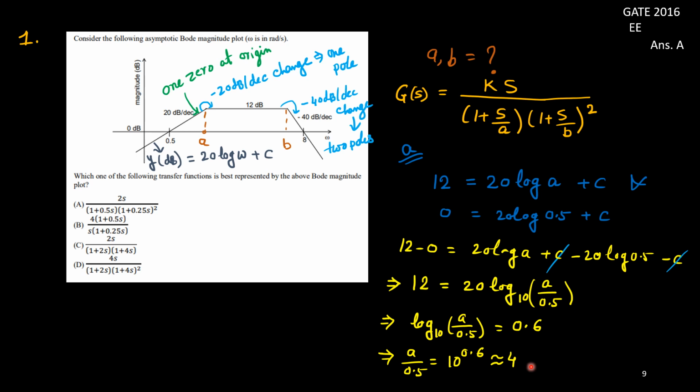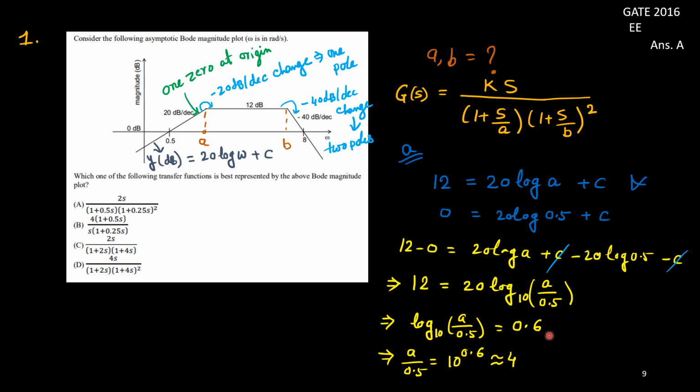Why is it so? Because one important thing you should remember, that log 2 base 10 is always 0.3. Okay, that's how 3 dB is coming. Now if I consider log 4 base 10, which is 2 square, so 2 times 0.3 will be 0.6.